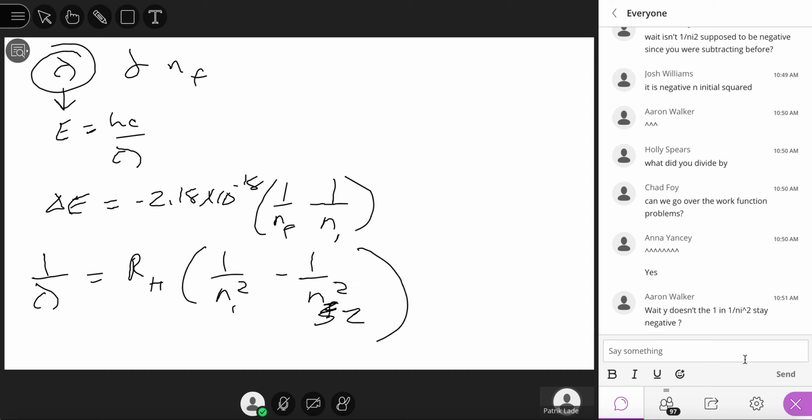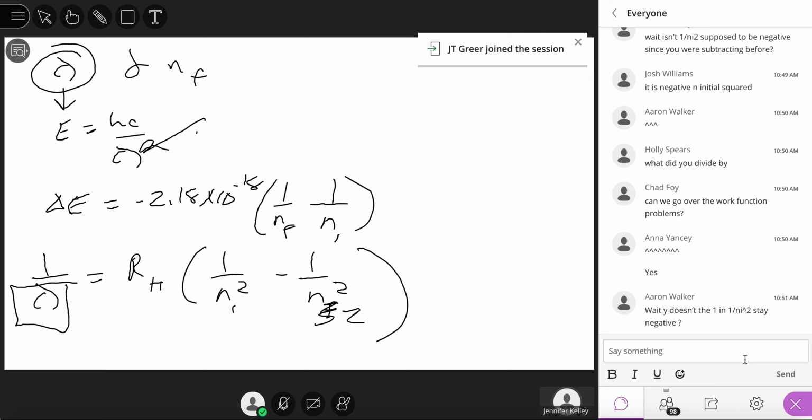And I could use that equation and solve. I could either solve at this point, solve for the wavelength, or if I was asked to get energy, I could take the wavelength when I finally do solve for it, and I could take the wavelength and put it in here.